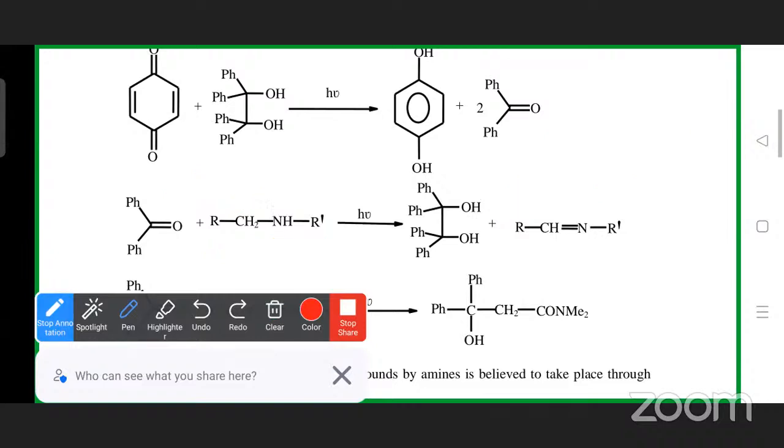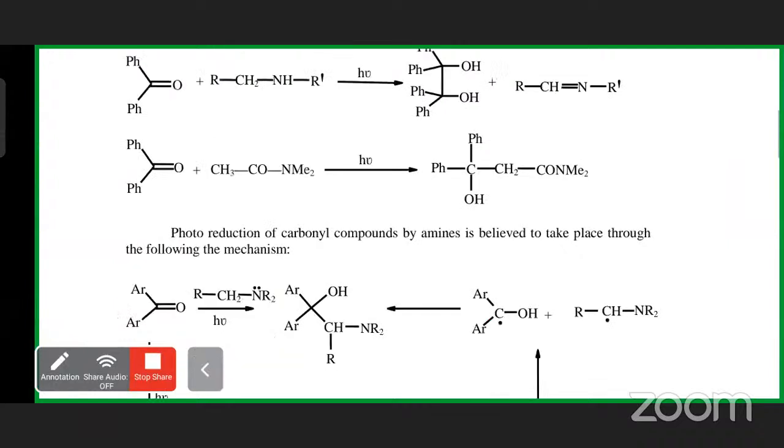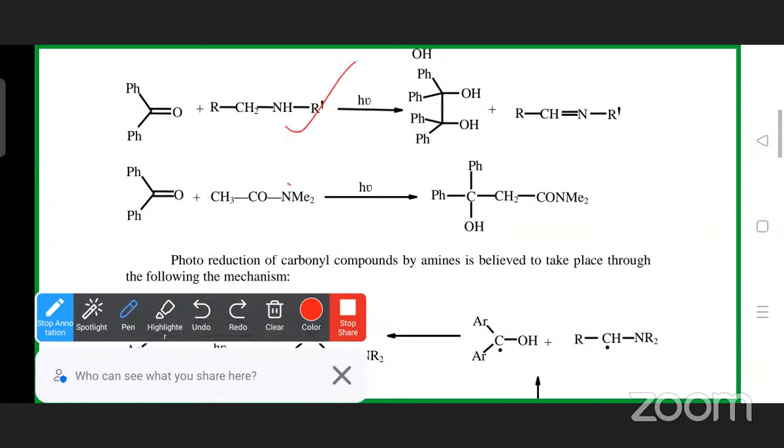Mechanism. Because there is no alpha proton here.